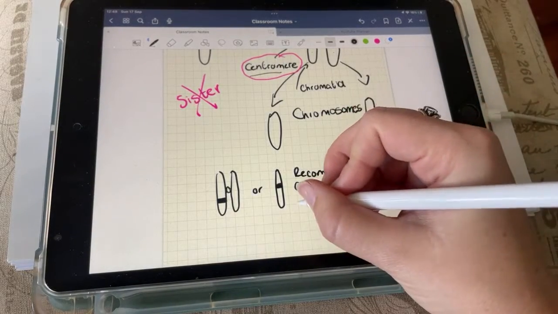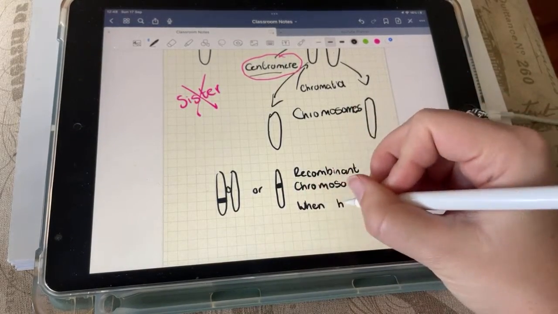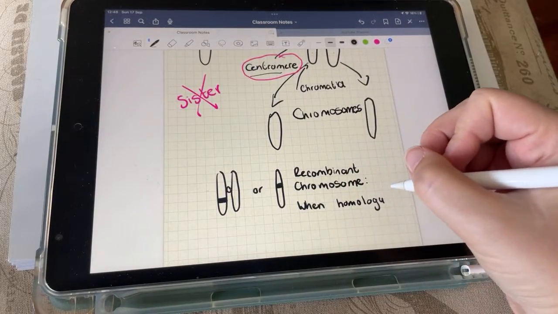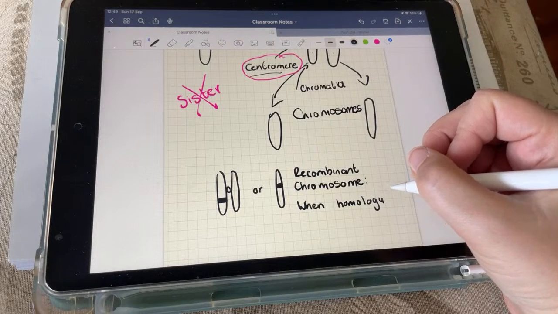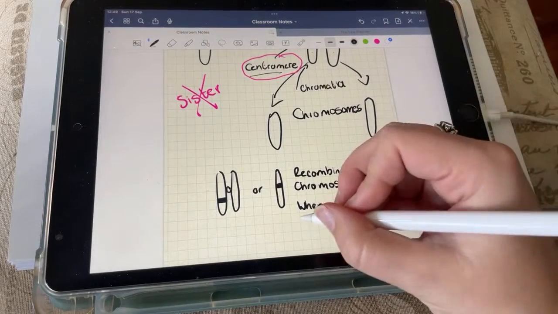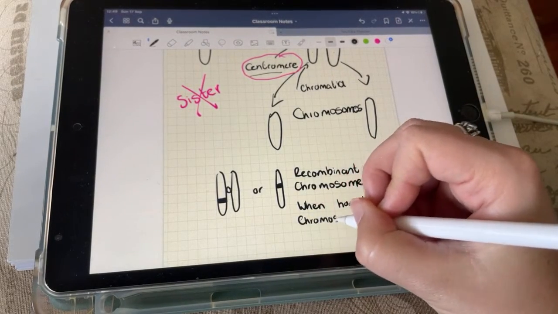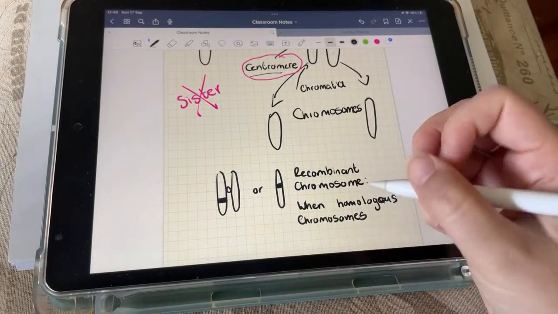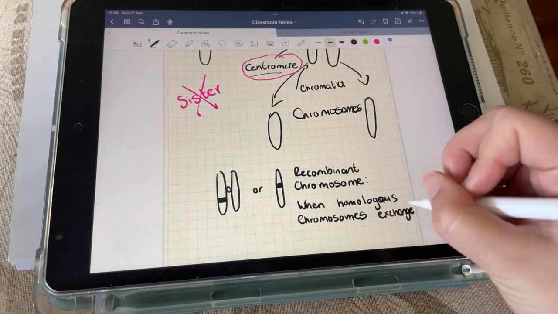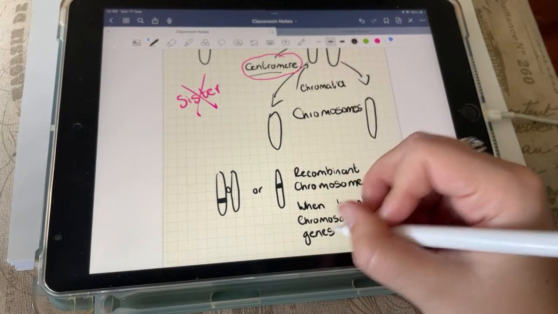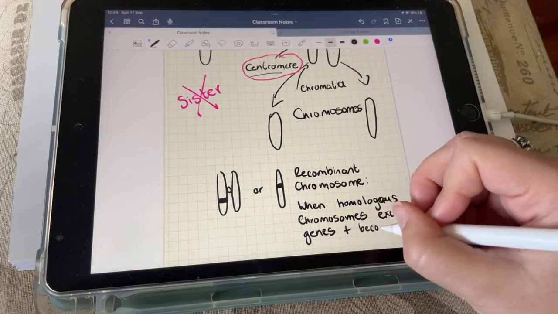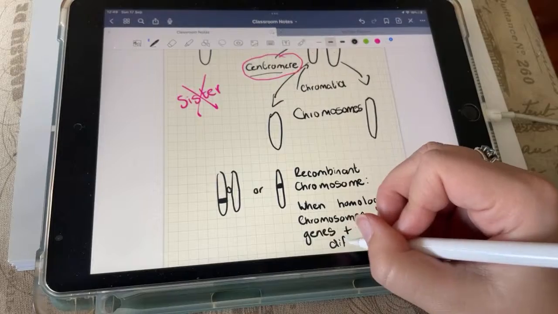A recombinant chromosome is when homologous chromosomes exchange genes and become different.